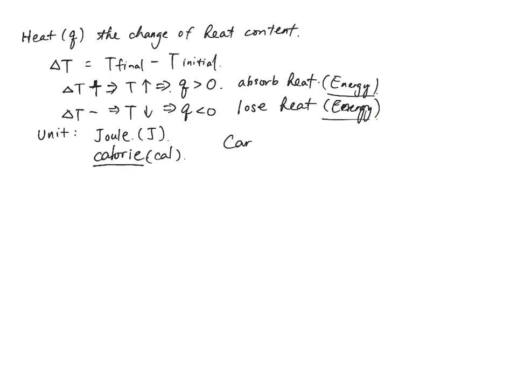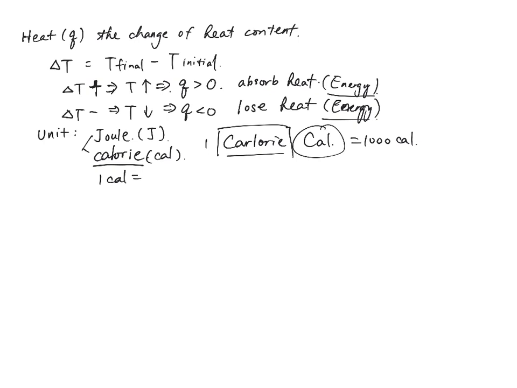If you look at it, you see capital CAL. One food calorie is actually 1,000 of the lowercase calorie that we're talking about here. And between the two units, one lowercase calorie is about 4.184 joules.